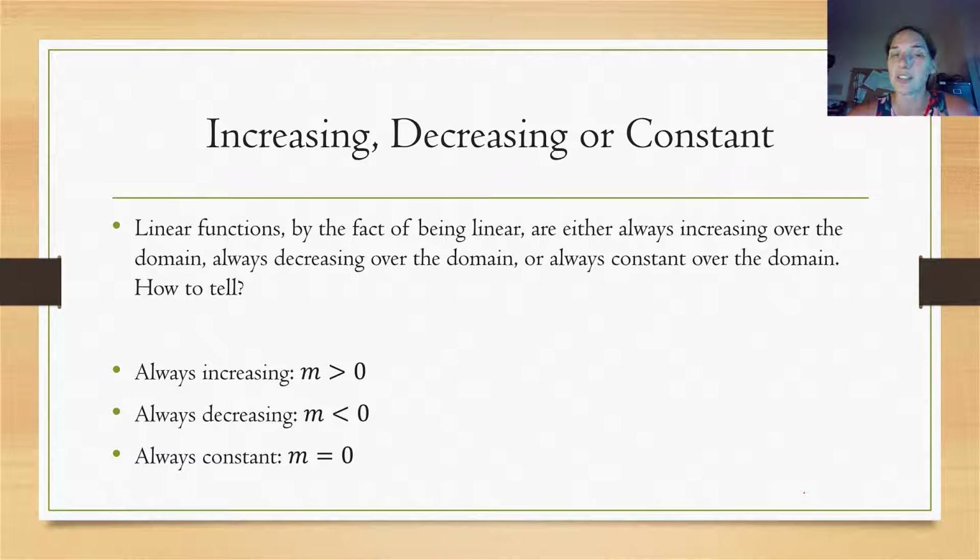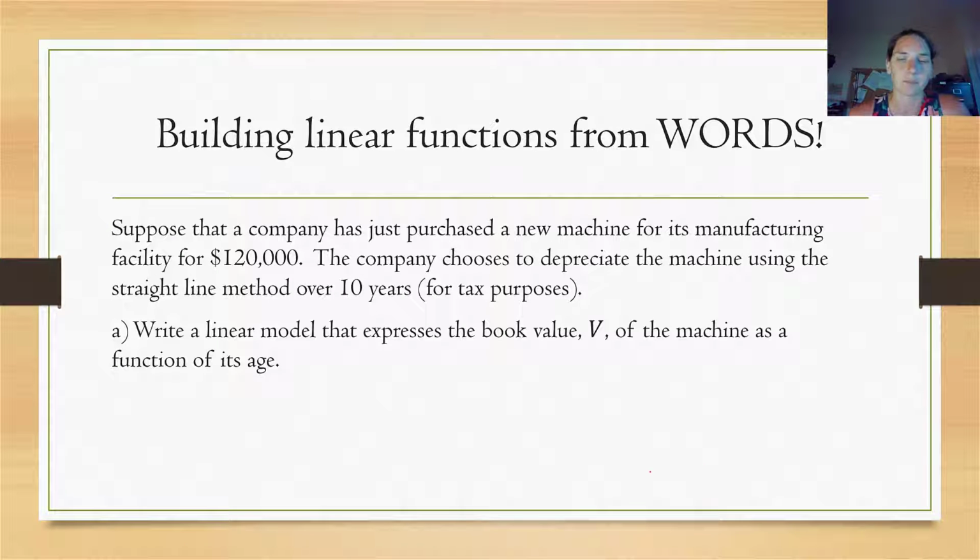They are either always increasing, or always decreasing, or always constant. The slope is 0. So increasing means the slope is positive, decreasing means the slope is negative, and constant means slope is 0. We probably already knew that, but being able to talk about always increasing and always decreasing over the domain is an important piece as we move along.